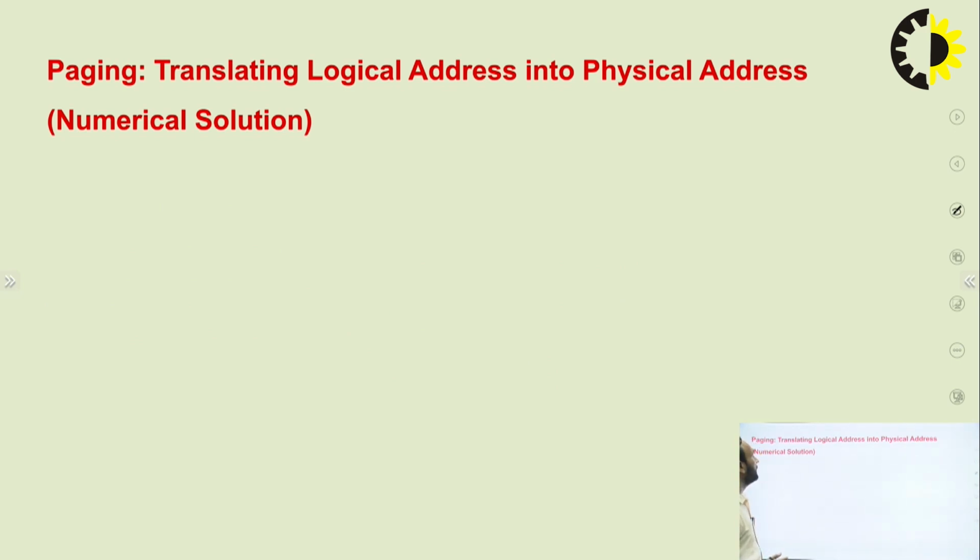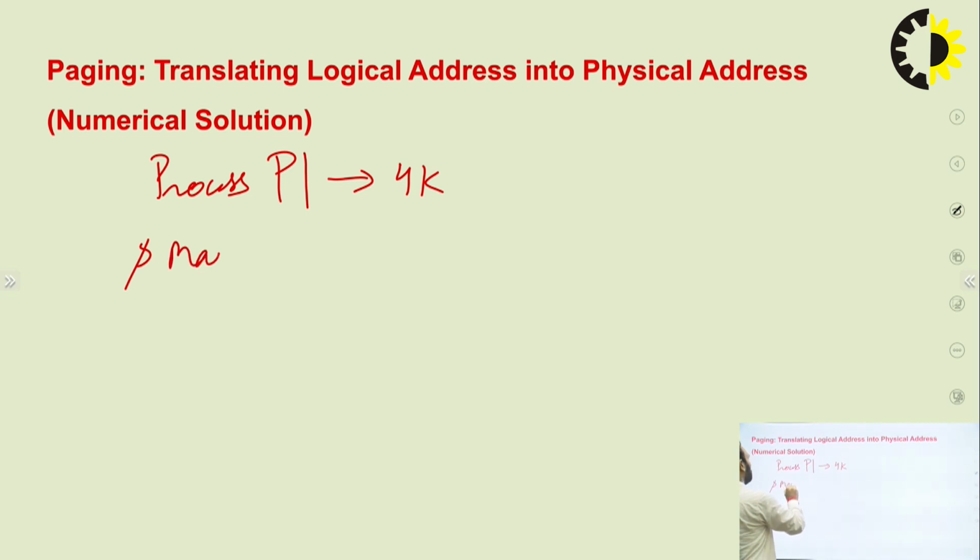Now let's take a small numerical. If a process, we can say P1, of size 4K and main memory size is 16K.